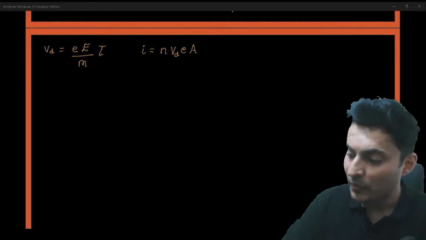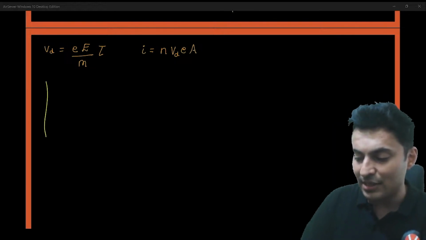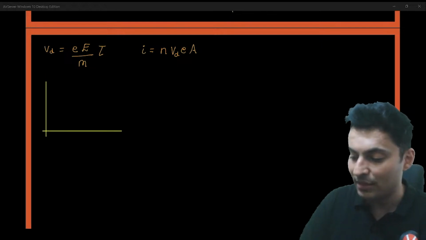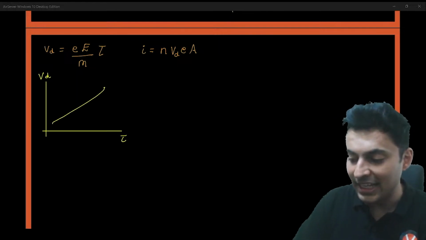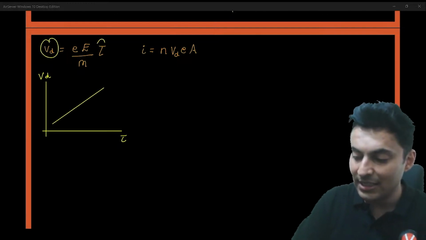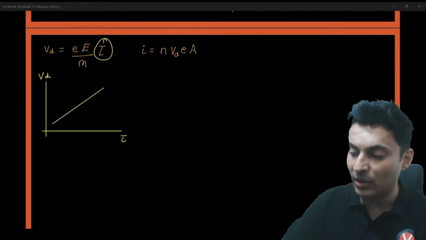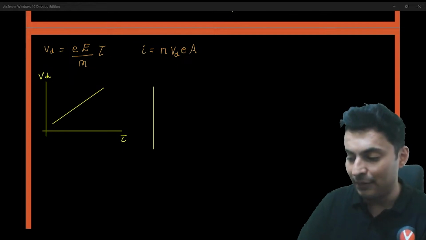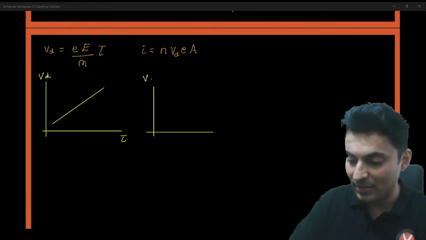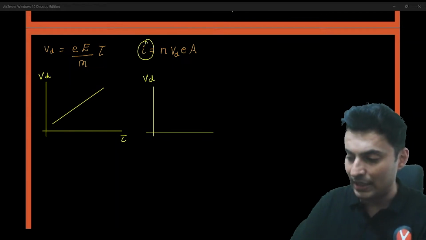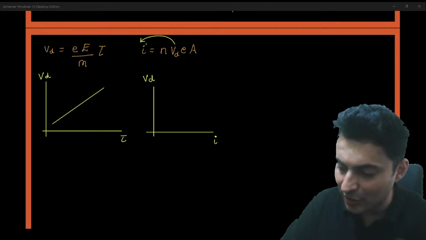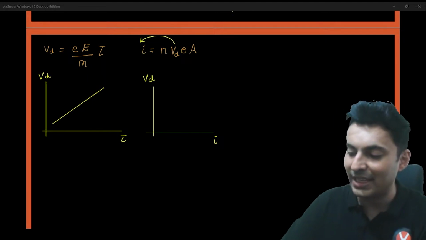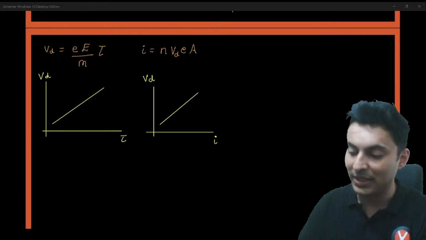So if the graph is asked for drift speed's variation with respect to relaxation time, it will be a straight line, because you can see a direct linear relationship, tau is on the top. But if they ask you how the drift speed varies with respect to the current, then again you can see current is on the top, drift speed is also on the top, so again it is directly proportional.